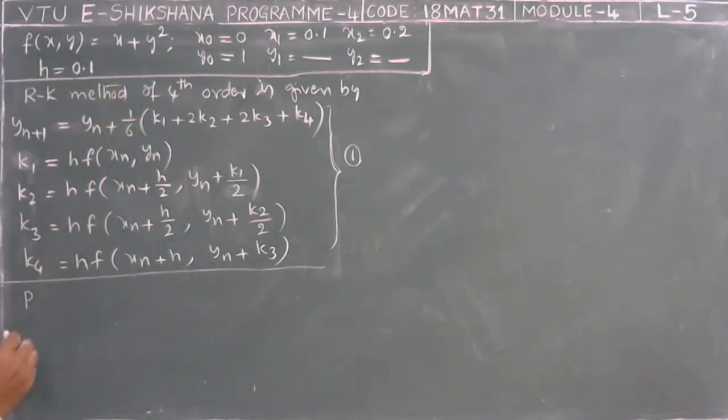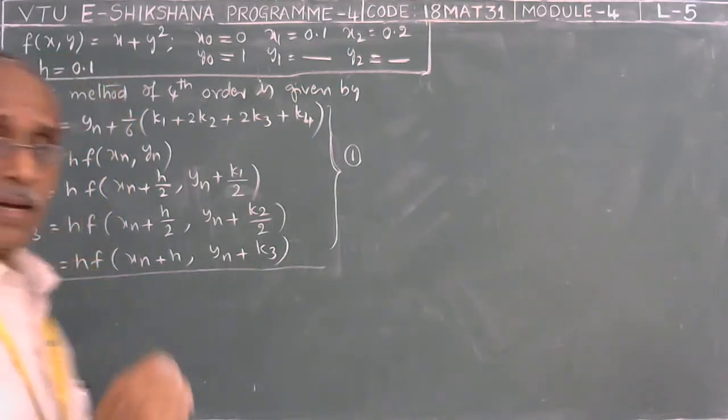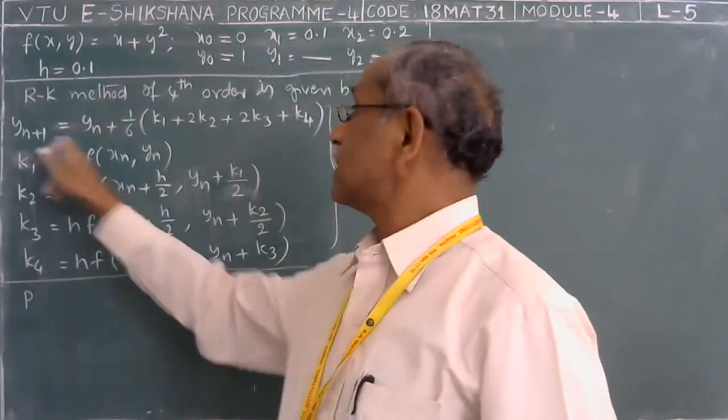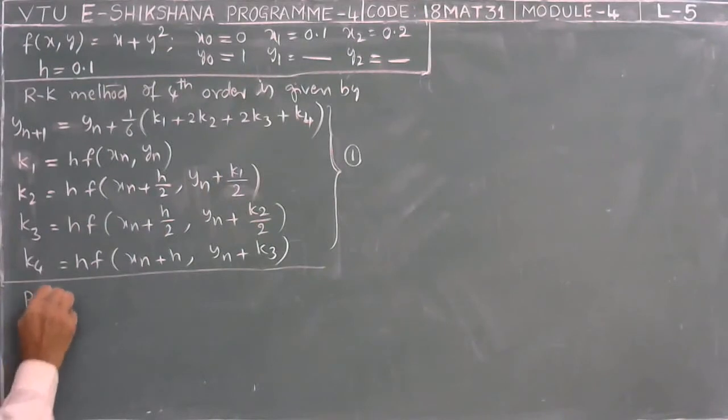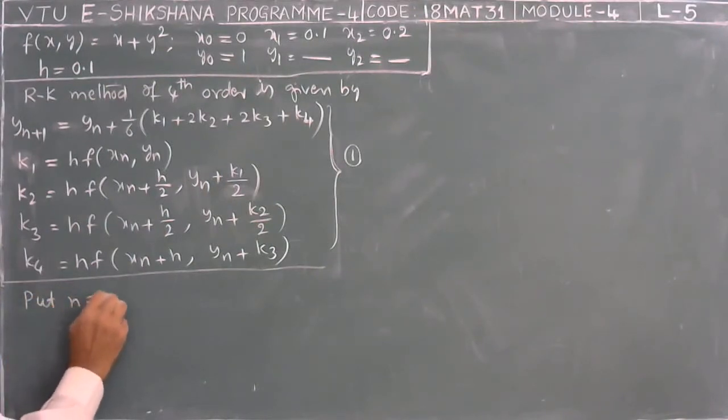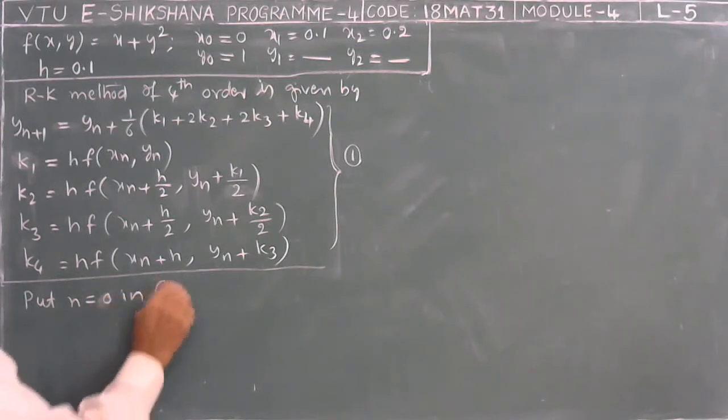Put n is equal to 0, I get y1. I get y1 when I fix n is equal to 0 in equation 1.